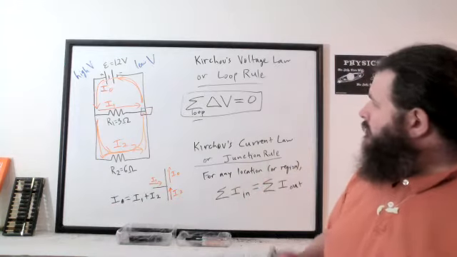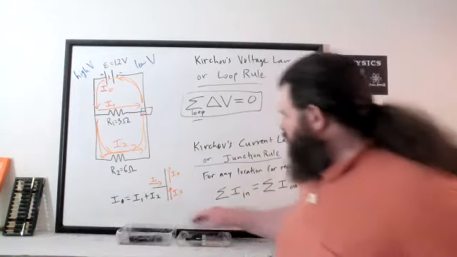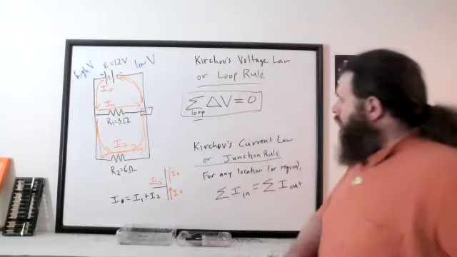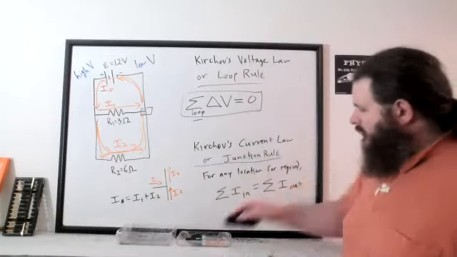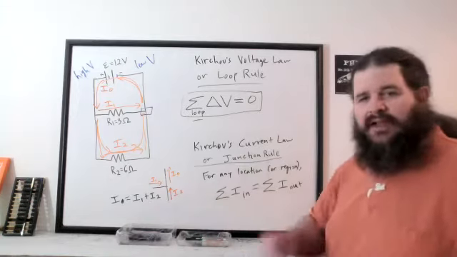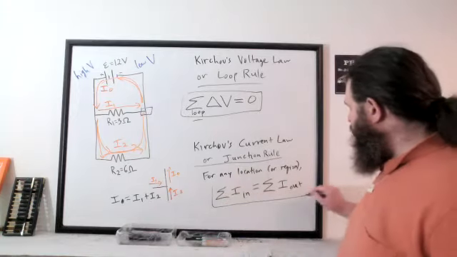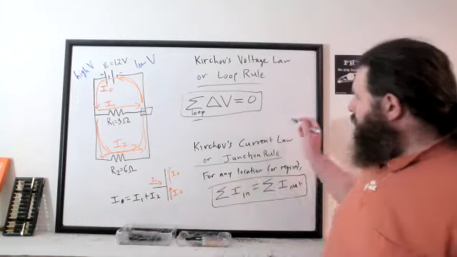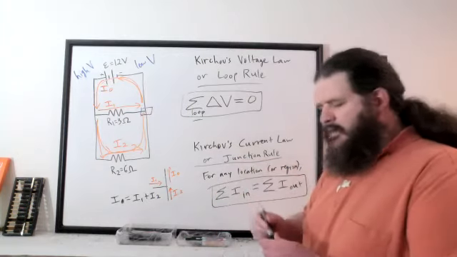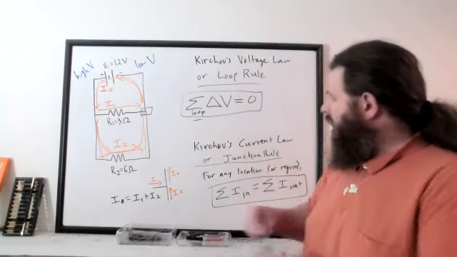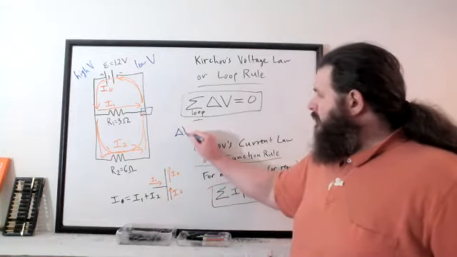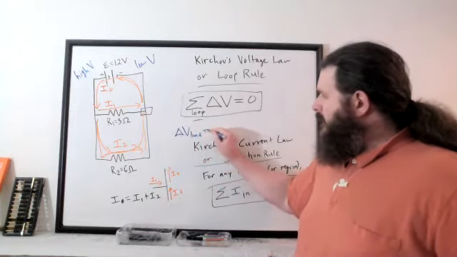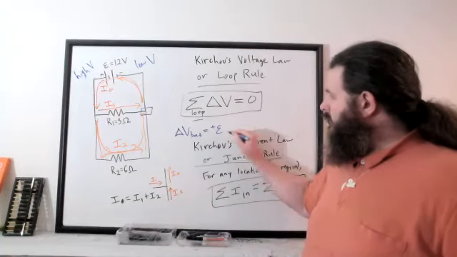Now let's see if we can apply Kirchhoff's loop rule, the voltage law. And these are, by the way, the main concepts we're going to be using throughout all of circuit analysis. These two ideas, plus the concept of delta V for each one of those types of things. Delta V for a battery equals plus epsilon.